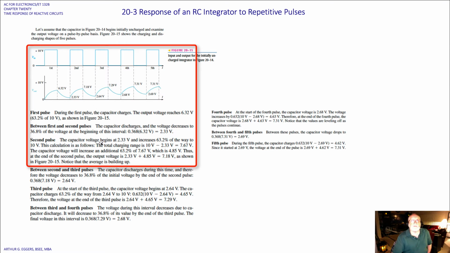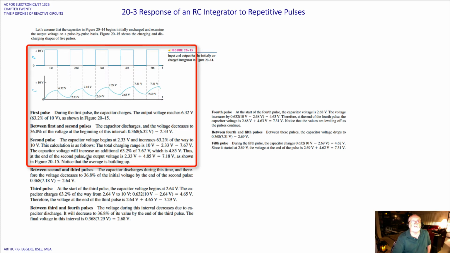The capacitor voltage then begins at that leftover voltage, 2.33 volts, and increases again 63.2% of the way to 10 volts. This calculation is as follows. The total charging range is 10 volts minus 2.33, which gives us 7.67 volts.